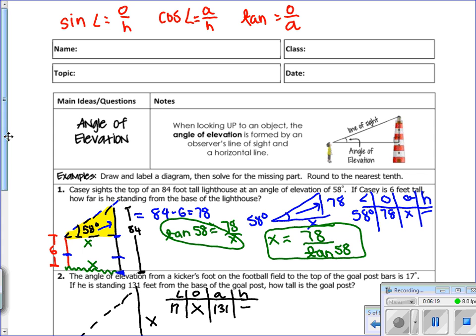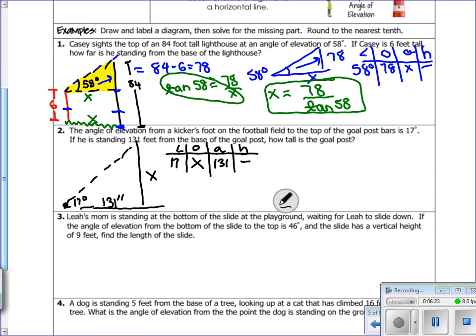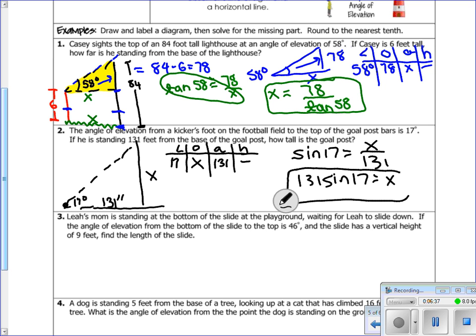O and A is the sine function. Hmm, you're going to be using the sine function. You set up your equation. The sine of 17 equals x over 131. And here we just switch. So 131 sine of 17 equals x. And there's your answer. So create your diagram, draw your picture, solve for the missing part.